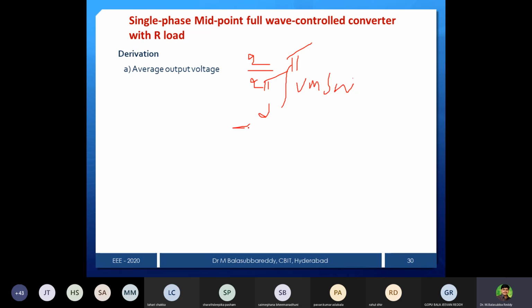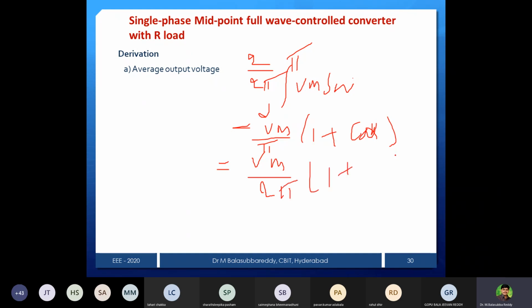If you integrate it, what you get is Vm by pi into 1 plus cos alpha. Now in the previous R load half wave case, it was Vm by 2 pi into 1 plus cos alpha.